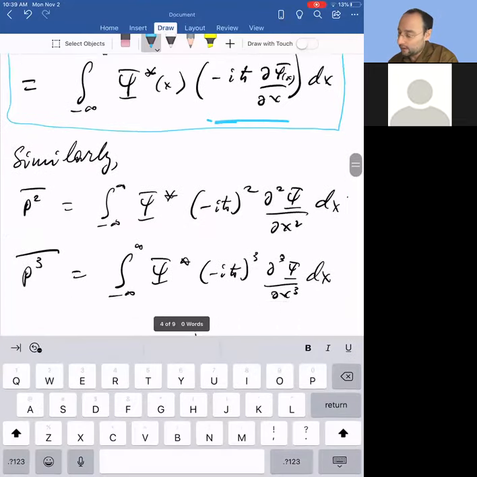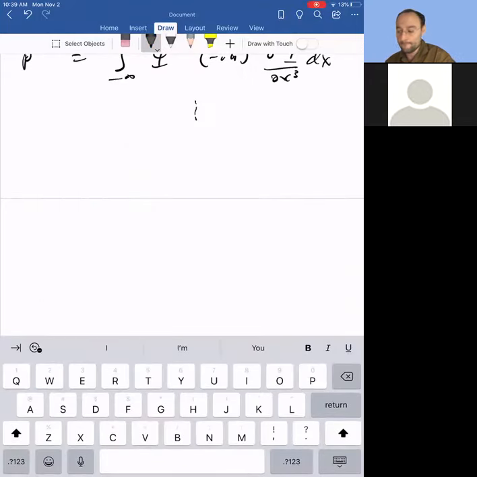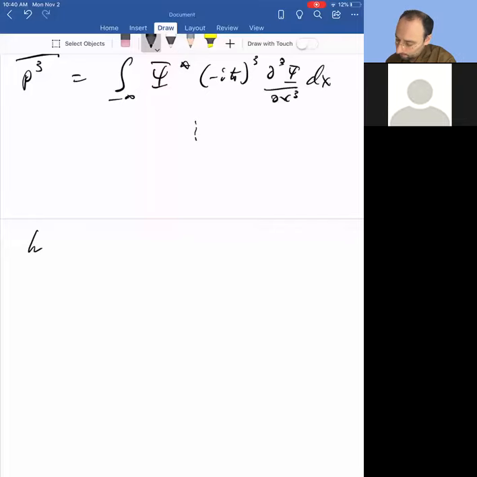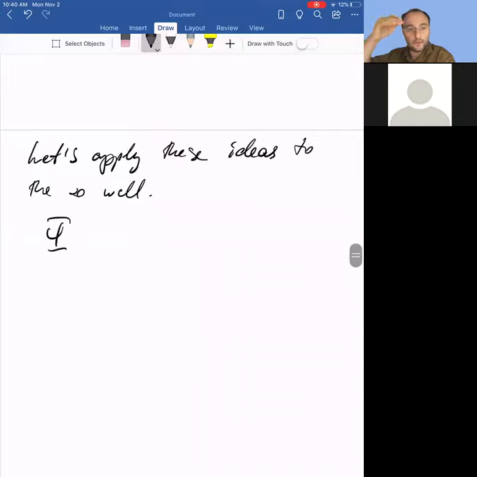Let's apply it to particle in the box, since we've calculated the wave functions. Okay, so for the infinite well, we already had a series of wave functions, a series of modal solutions.